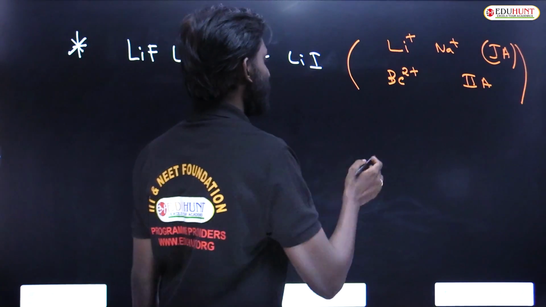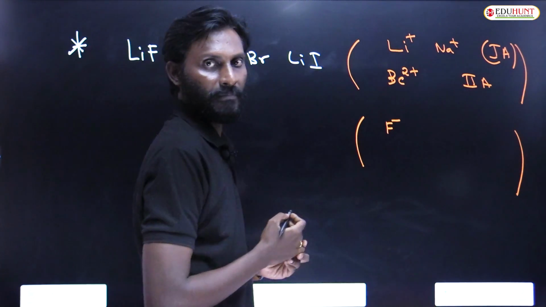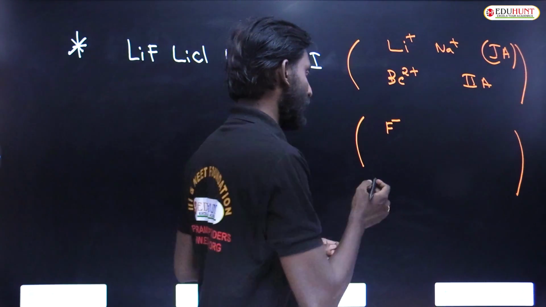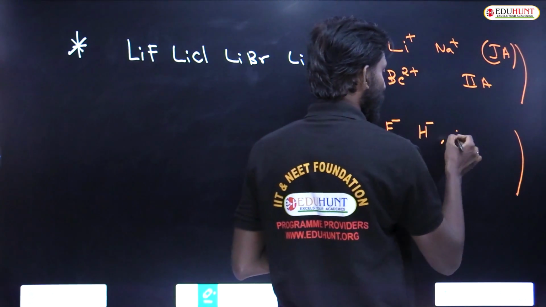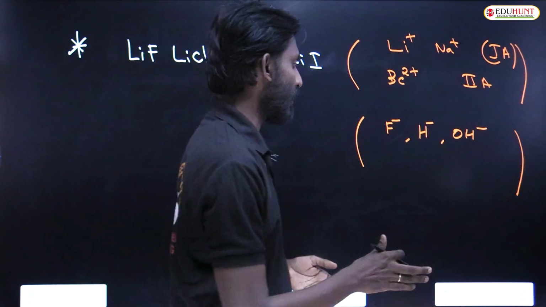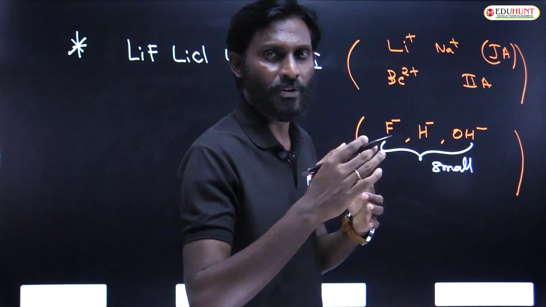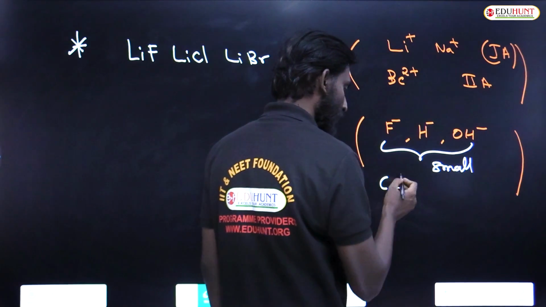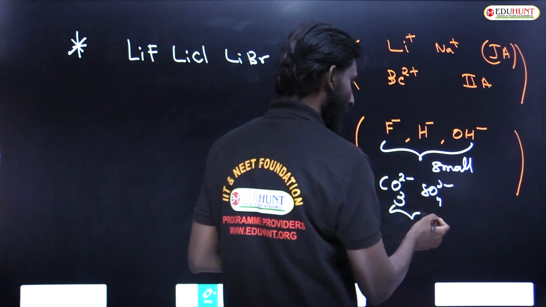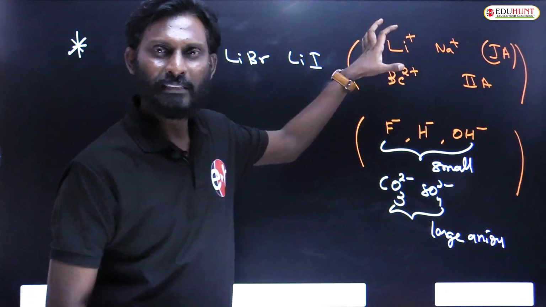Similarly, for anions, F minus is a small anion, H minus is a small anion, OH minus is a small anion. The rest of the ions, normal groups of atoms like CO3 2 negative, SO4 2 negative, are large anions. So these examples are enough.